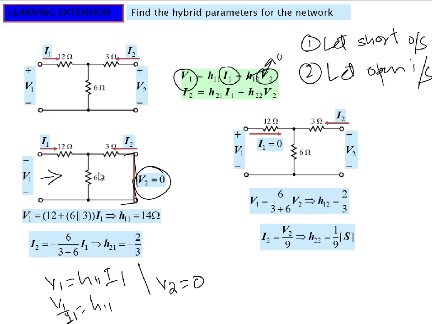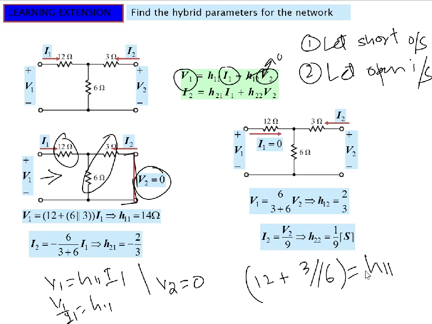What we have to do, we should be adding this 12 with a parallel of these two. So adding 12 with a parallel of 3 and 6 will give us H11, which turns out to be 14 in this case. This method is easy, so use this method.